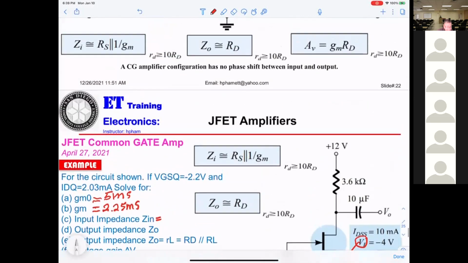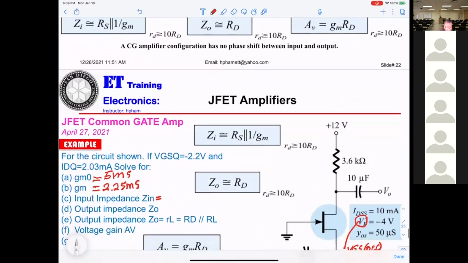G in the formula R in parallel 1 over GM.